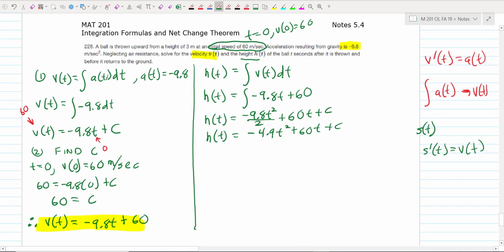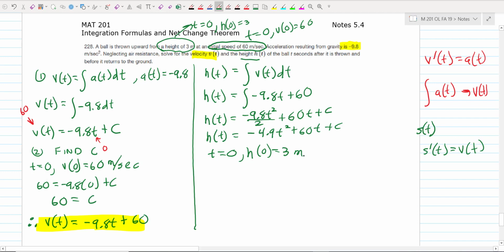It says the ball is thrown upward from a height of 3. That implies at the beginning, time equals 0, your height is equal to 3. So we have this initial condition: t is 0, h of 0 equals 3 meters.